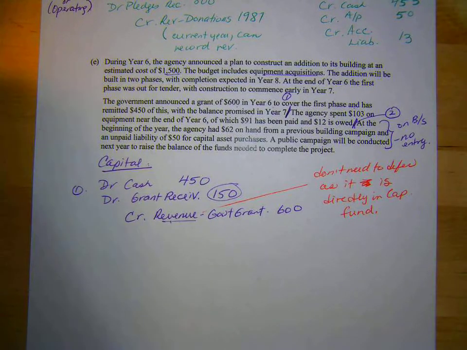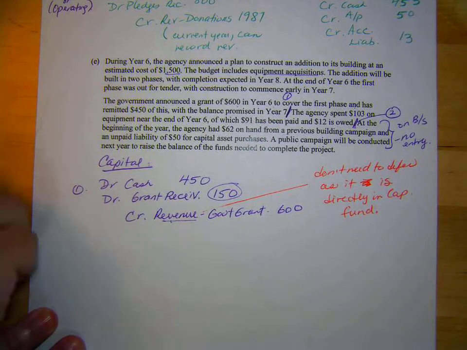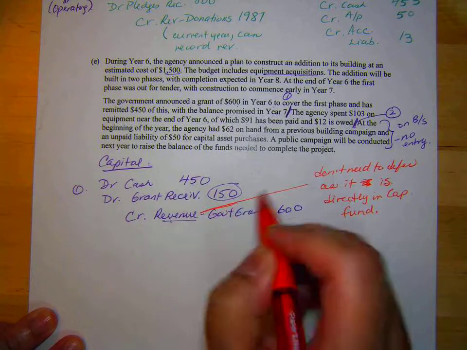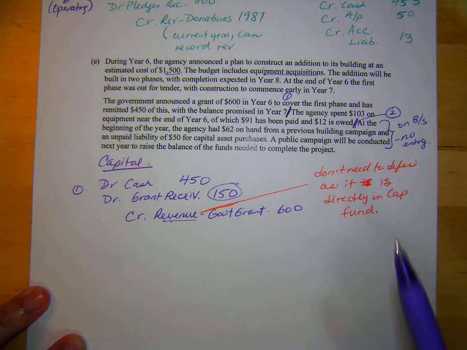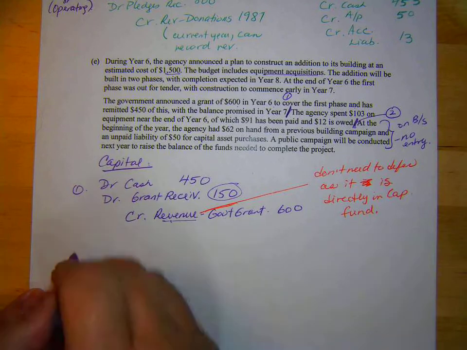Okay. If it was some kind of operating grant or we didn't have a capital fund, then it'd be deferred revenue until it was paid.